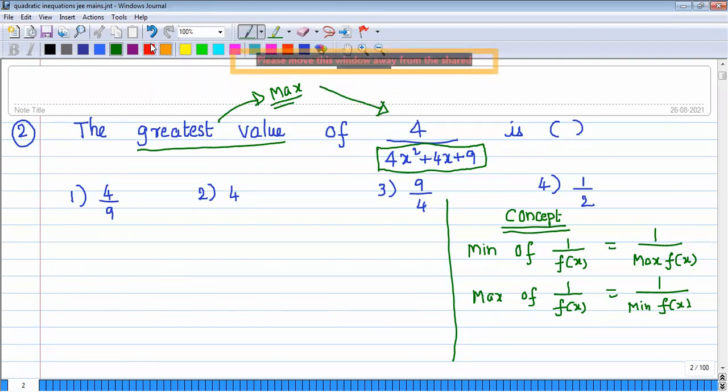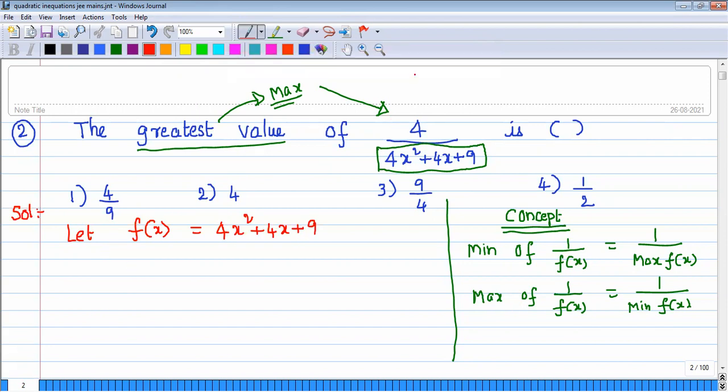Okay, let us proceed. First, now let us say f of x equals 4x square plus 4x plus 9. So my dear students, if you compare this one with the ax square plus bx plus c, here a equals 4, which is positive coefficient of x square.